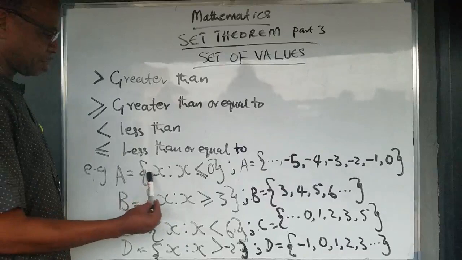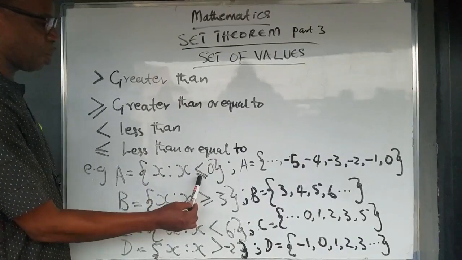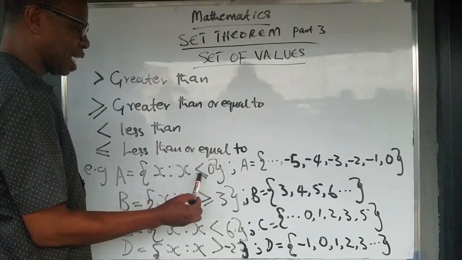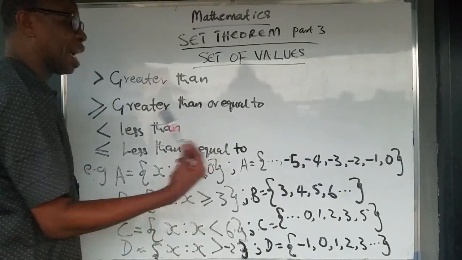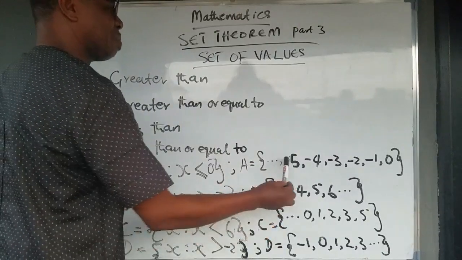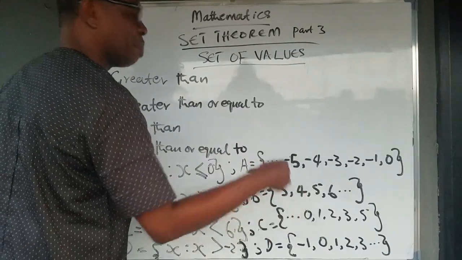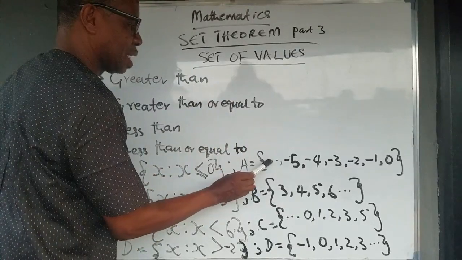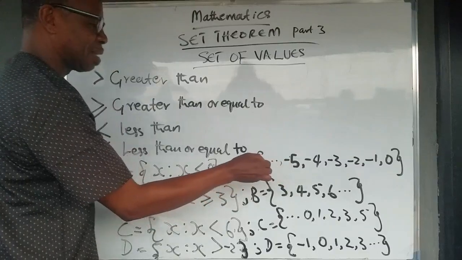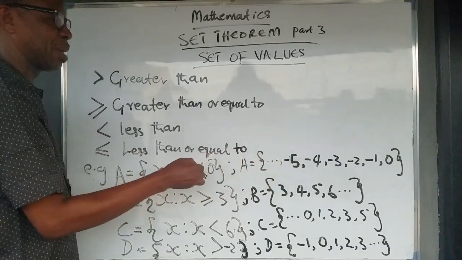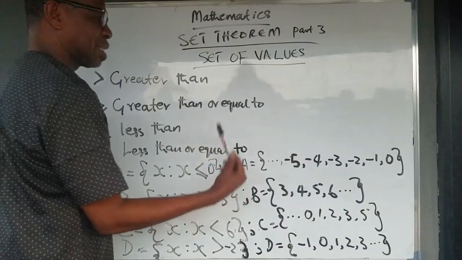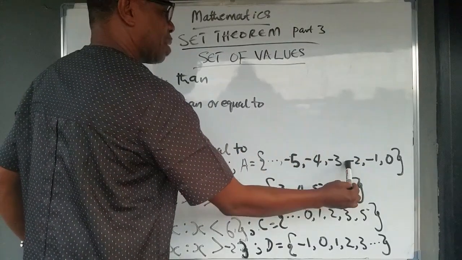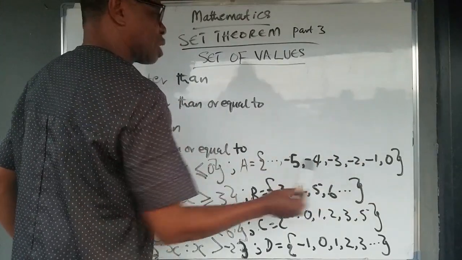A is a set of X, and X is less than or equal to 0. I can start with minus 5, I can start with minus 7, I can start with minus 6, minus anything. But the key thing is that you must put the dotted line here to show that there are other lower numbers that can occupy this place. So in this case, I began with minus 5, so I have minus 5, minus 4, minus 3, minus 2, minus 1. Observe that I stop at 0.